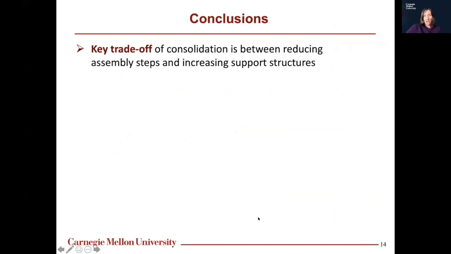So in summary, we find that the key trade-off of what level of consolidation is optimal is between reducing the assembly steps and increasing support structures that are required for these larger consolidated parts within the build envelope.